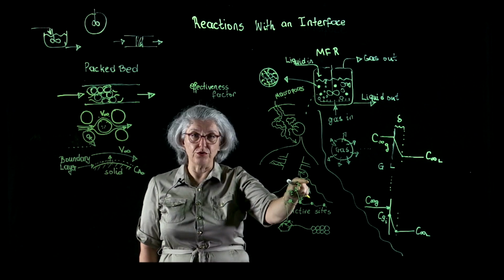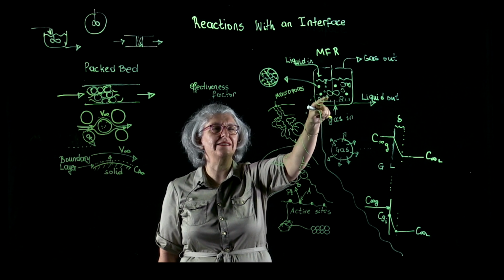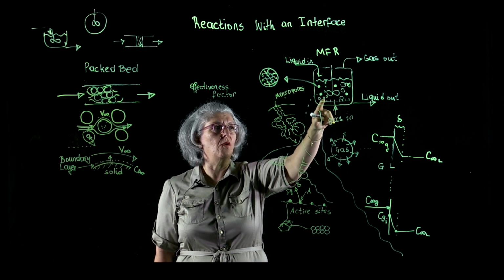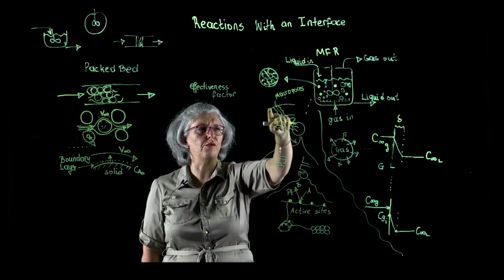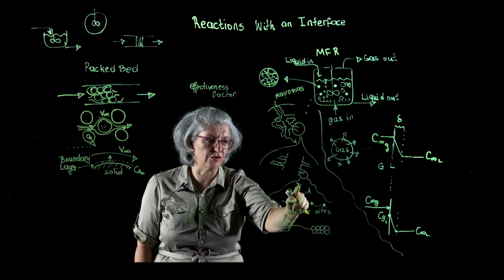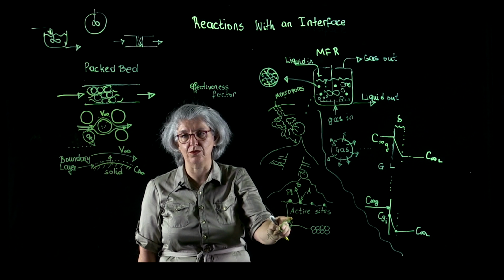Now, the tortuous path that the gas molecule A has taken, starting from the gas distribution plate, all the way through the macroscopic and microscopic pores of this catalyst, arrived at the active site, it took some time.